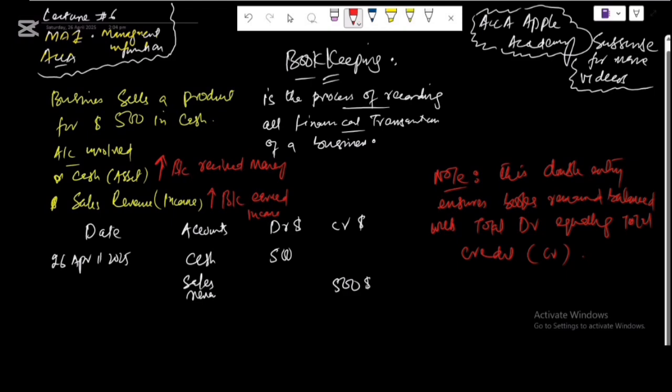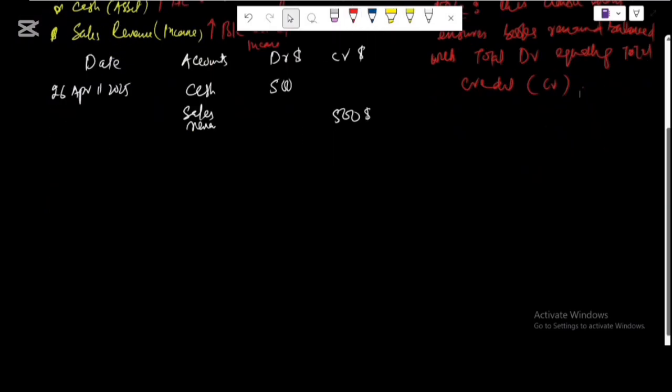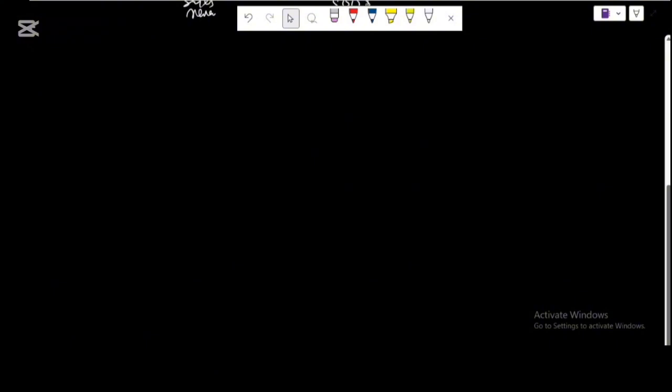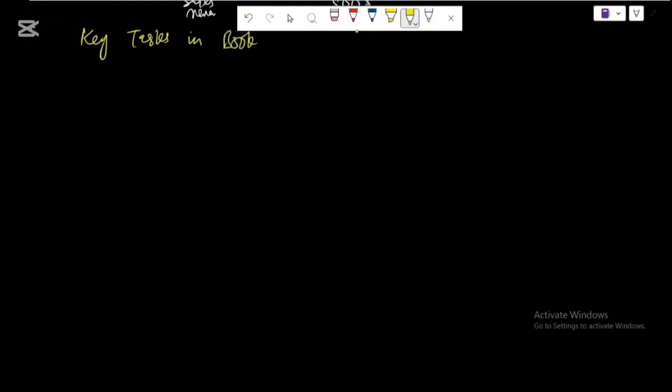We have to elaborate the concept here. Now, the key tasks in bookkeeping, we'll discuss that. What are the key tasks in bookkeeping? The first thing is you have to record transactions.